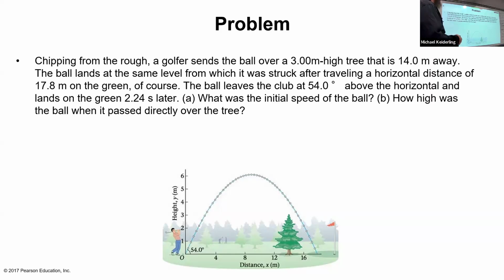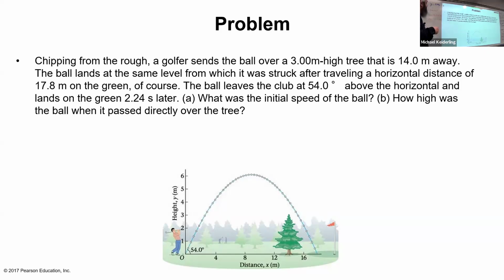So here we know things about its motion in the x direction. Finding the initial speed of the ball, we know the distance it traveled horizontally and the time it took to travel that distance, and we know the angle above the horizontal.